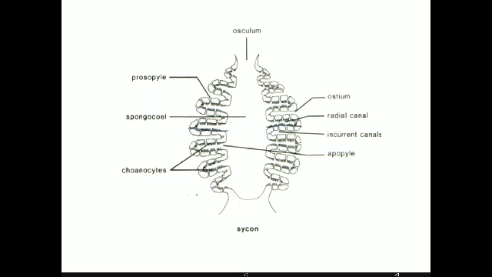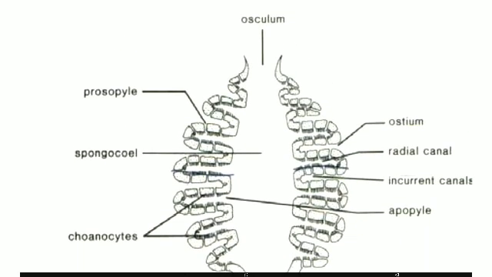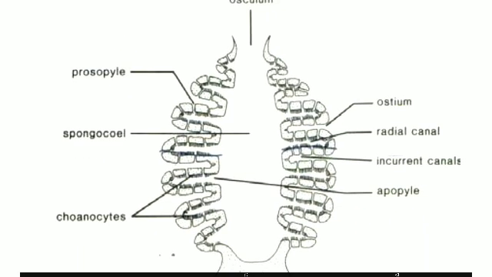Here you can see, this slide shows the complete picture of the canal system in Sycon, where you can see body folding. This is one fold, this is another fold. In between these folds you can see a small opening called the ostia, through which the water current enters.